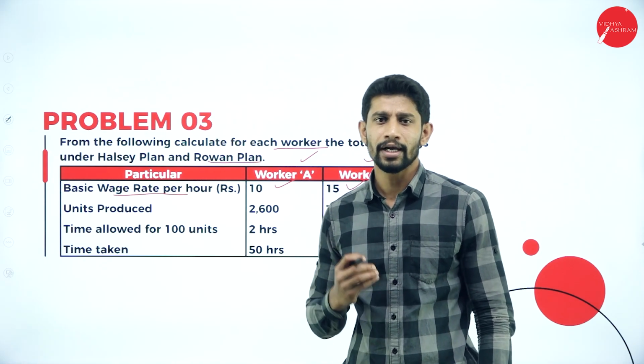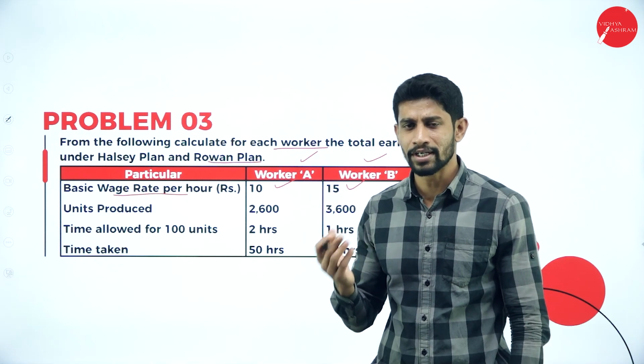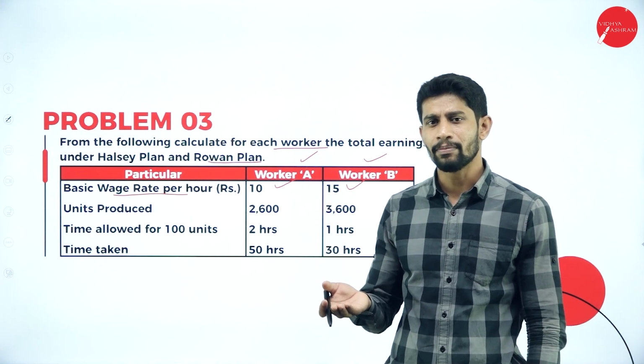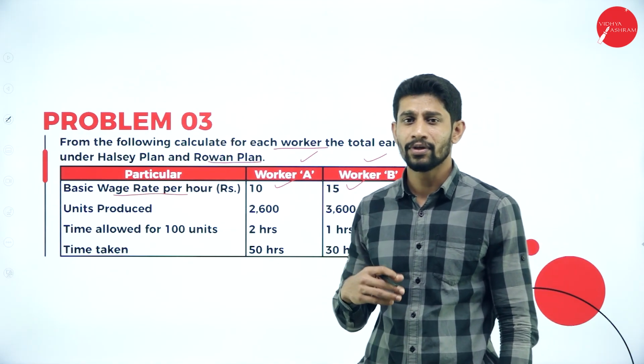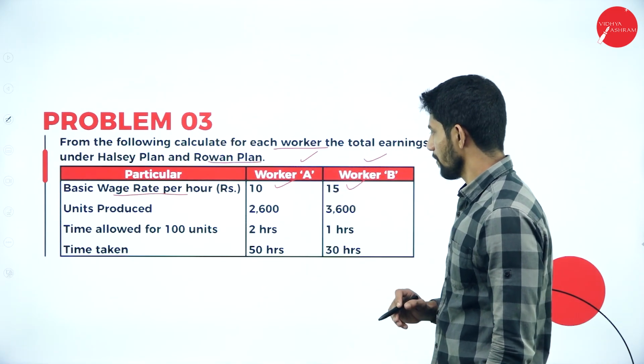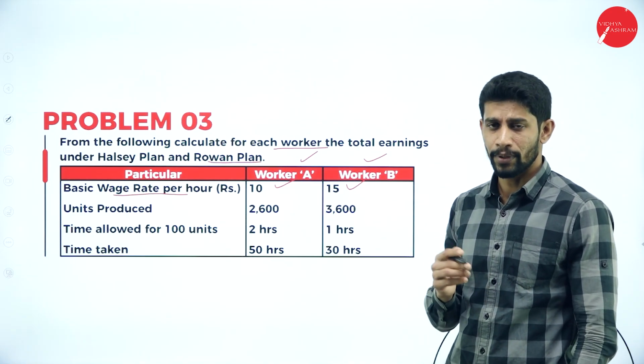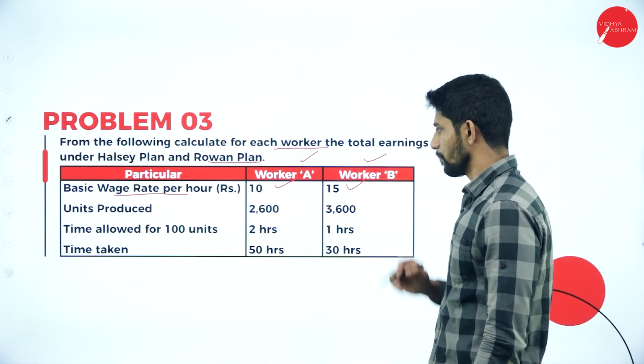It's up to the employer to pay as they wish. They can pay 20 rupees for one worker and 5 rupees for another, and the worker can't question them. Here they are paying 10 rupees for worker A per hour and 15 rupees per hour for worker B.